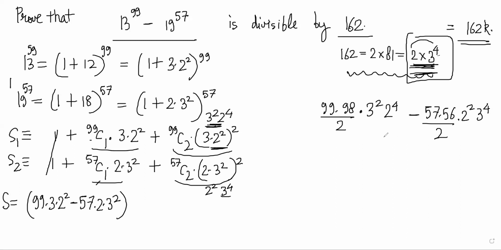This is the second term, and 99 is divisible by 9, so it already has a 3 square in it. So you can say it is 11 times 98 into 3 power 4 2 power 4, right?